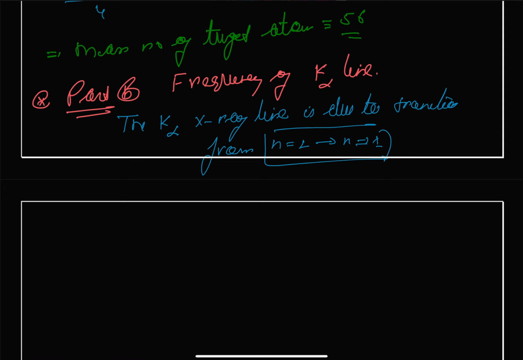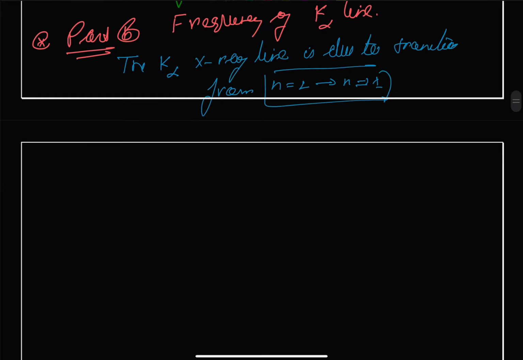So we can just use the formula directly, and we can say that our frequency f will be equal to R C multiplied by Z effective square, and we have this as 1 square minus 1 upon 2 square, which comes as R C Z effective square times 3 by 4.